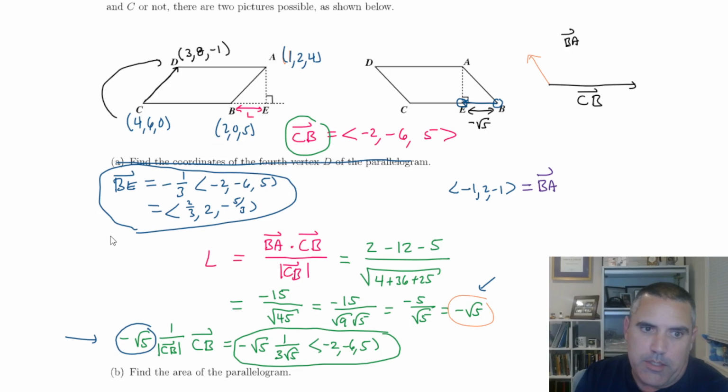Since I know that B is 2, 0, 5, and this is how you get from B to E, that means E is going to be 2 plus 2/3, 0 plus 2, and 5 minus 5/3.